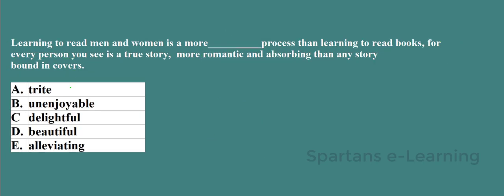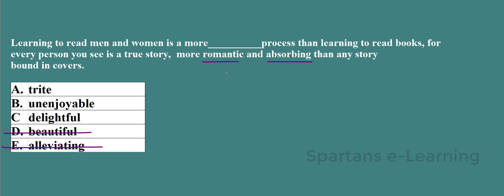Here we have trite, unenjoyable, delightful, beautiful, alleviating. Now alleviating is something soothing, so this is out of context. Next, trite remarks. Normally trite remarks means heavily used remarks, right? Boring kind of thing. Now beautiful: romantic and absorbing, this word beautiful is nowhere related to romantic or absorbing, right?